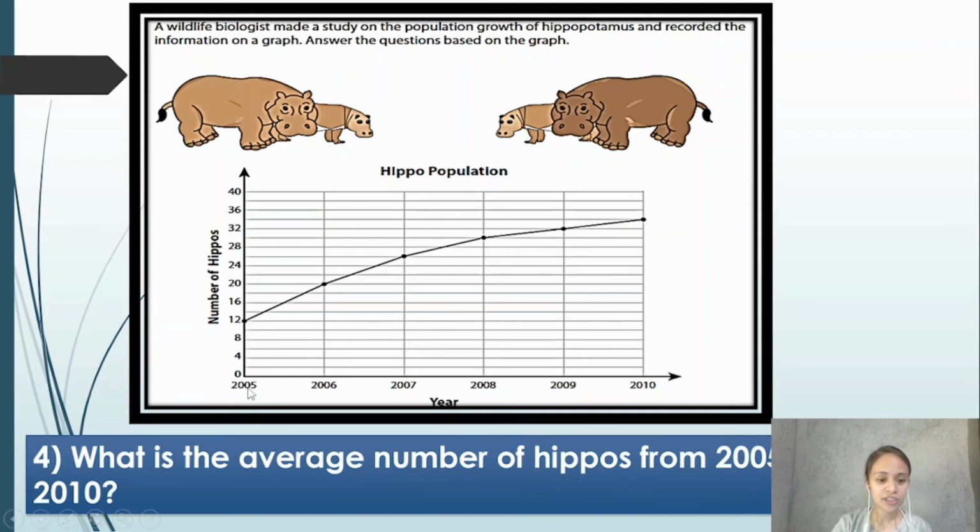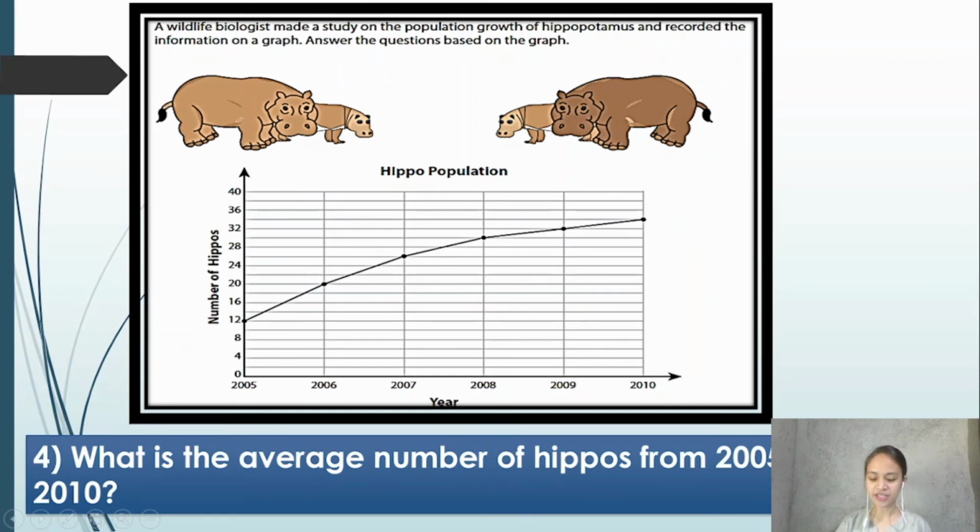So, in 2005, 12 plus 20. Wait lang, nawawala kasi yung mouse cursor. Plus 26 plus 30 plus 32 plus 34.